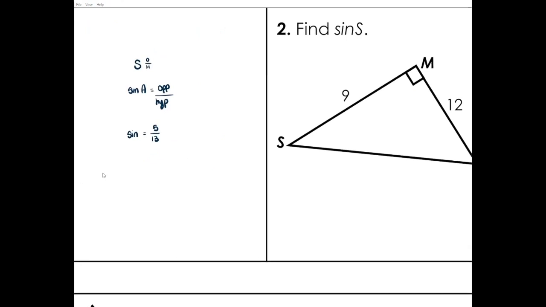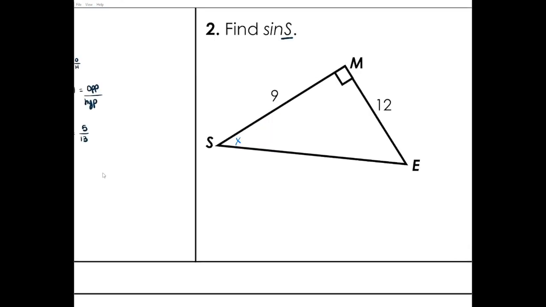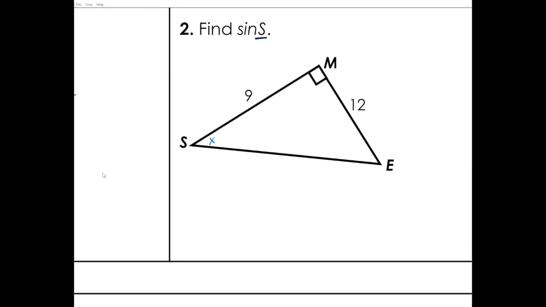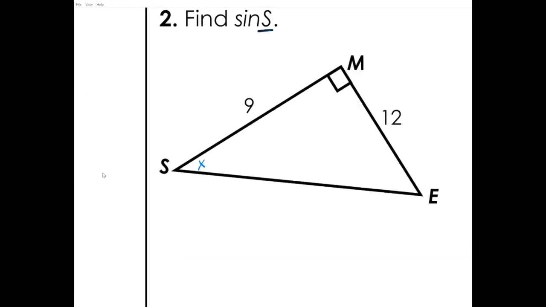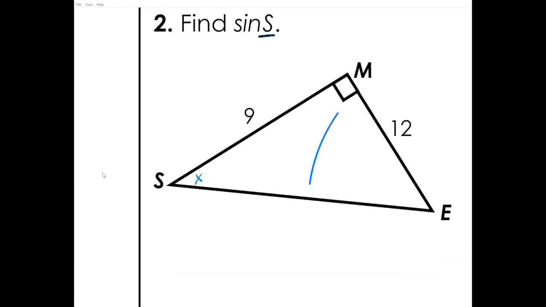Find the sine of S. So angle S is the one we're focused on, so I'm going to put this right here in the corner. We will never ask you to find the sine of M because it's not going to work. That's our 90-degree angle. Sine is going to help us over here. Across from there is our hypotenuse. Always, always, always, the 90 is across from the hypotenuse.